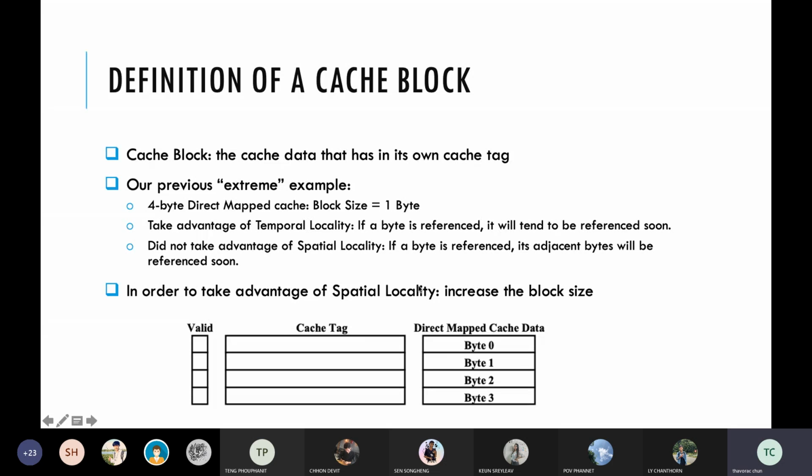So to take advantage of spatial locality, we can increase the block size, because we assume that all the data around the target data are going to be accessed later.